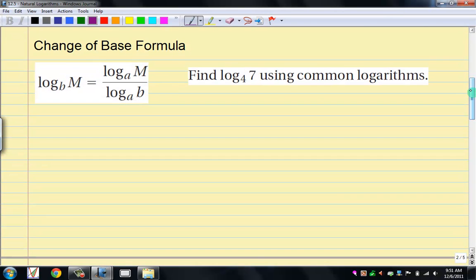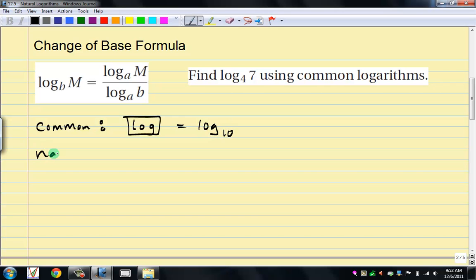With these examples, you may notice that on your calculator or on your computer, you only have two log functions. You have the common log. On your calculator, there's a button that says log. That's the common log button. That is log base 10.